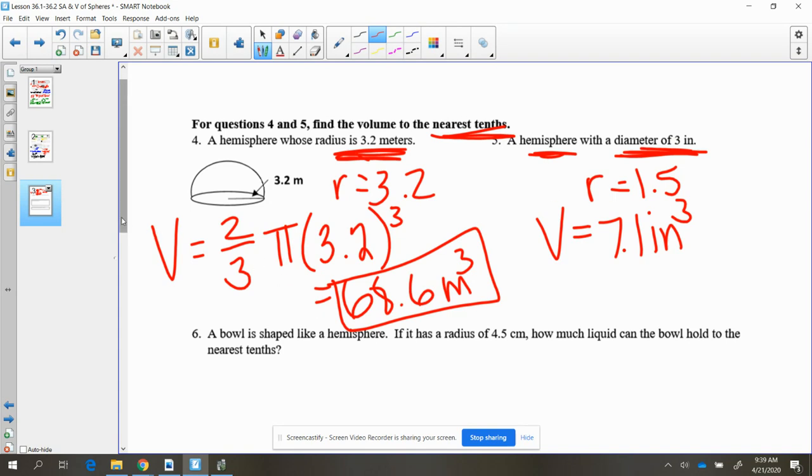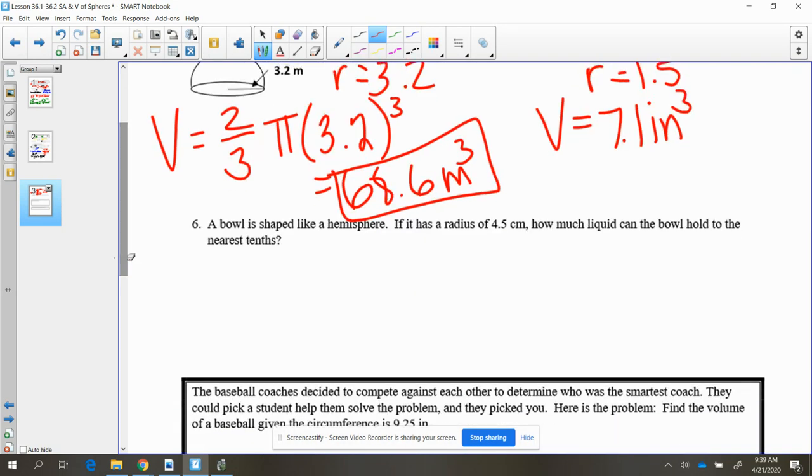Now, again, a key word that something is volume is talking about how much space it's taking up in the world, how much you have to fill something up. And if we're talking about a bowl shaped like a hemisphere with this radius, how much liquid can the bowl hold? Again, the idea of filling something up should equate to volume.